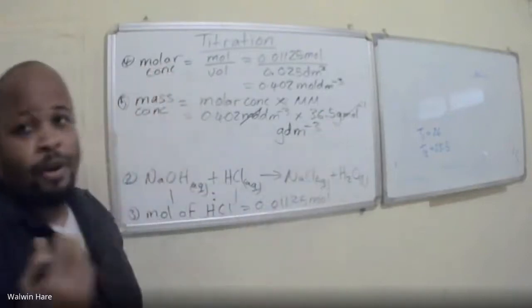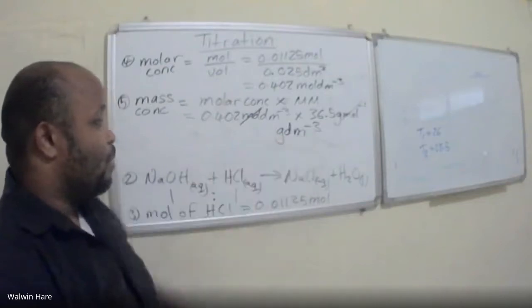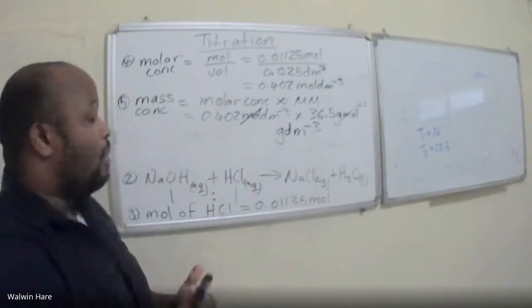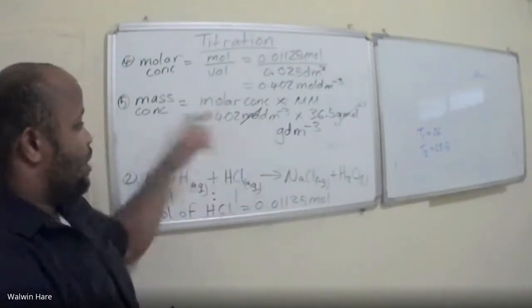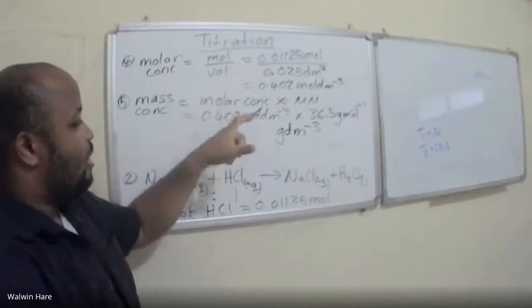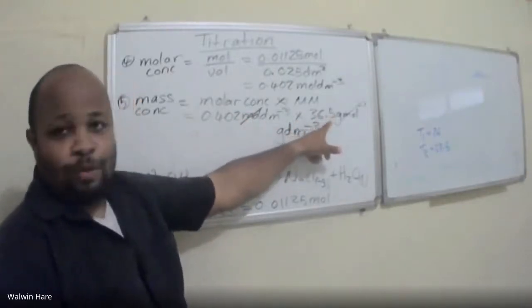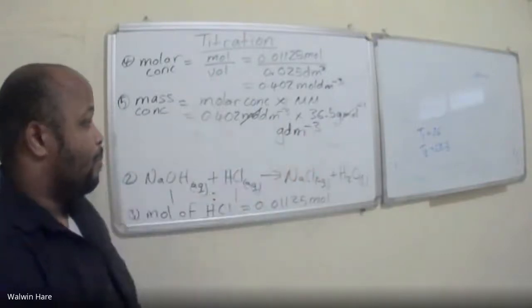And the unit for mass concentration is gram per dm³. So you can use the unit to give you an indication if what you have done is correct. Because if you had divided the molar concentration by the molar mass, then the unit would not match up.